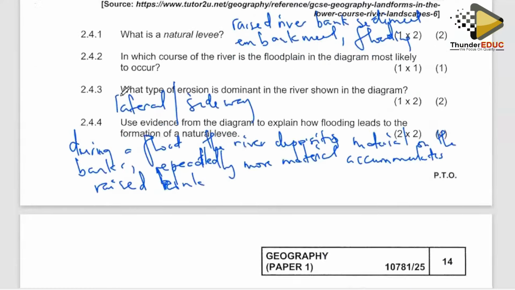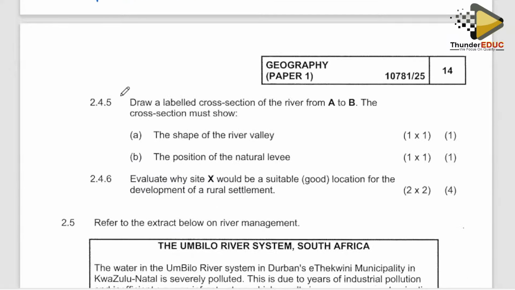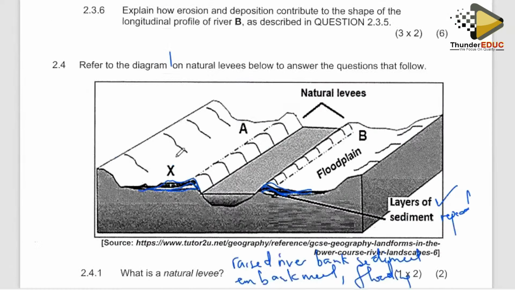Our next question is: evaluate why site X would be a good location for the development of a rural settlement. We are looking at site X here. It's on the floodplain. Why is it good for the development of a rural settlement? Rural settlements are unifunctional, they rely on agriculture.